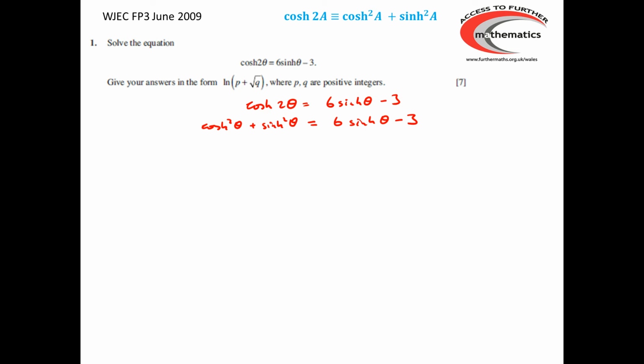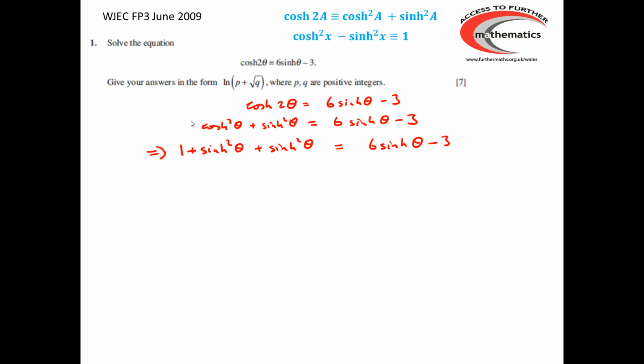The formula booklet tells us, but we should also know, that cosh squared x minus sinh squared x is always equal to 1. So cosh squared x is the same thing as 1 plus sinh squared x. So cosh squared theta here can be replaced by 1 plus sinh squared theta.